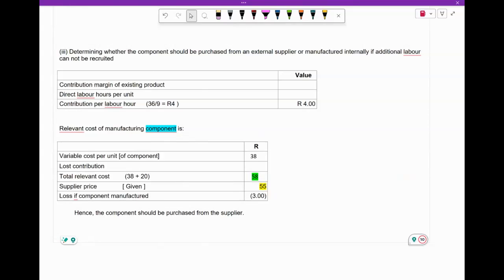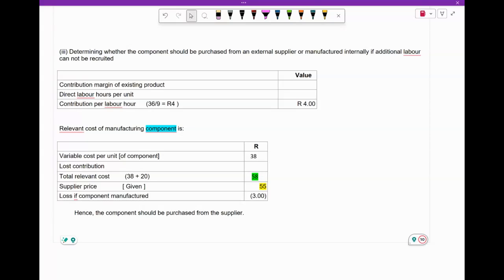So now we need to assess, is it profitable for us to make this final product, considering that we now need to pay for labor because we can't recruit it within the company? We're going to need additional labor.